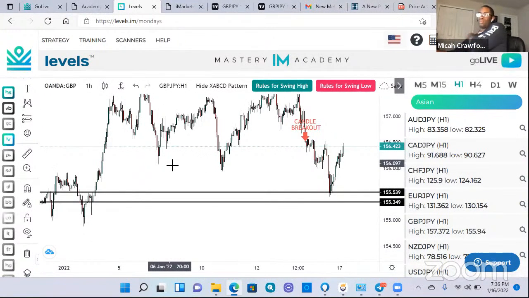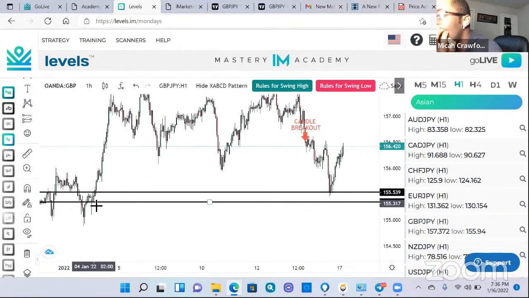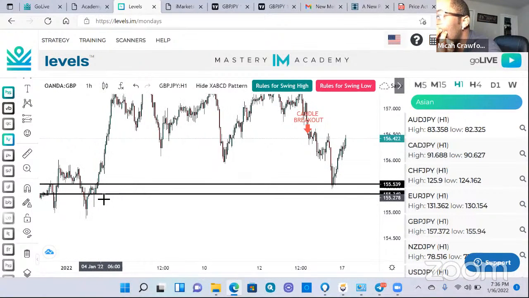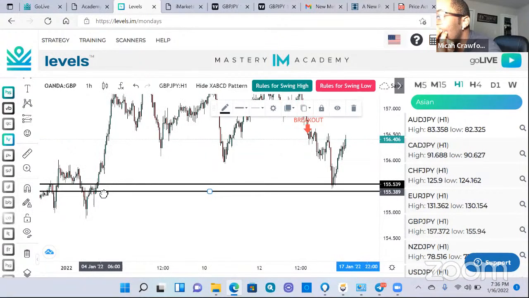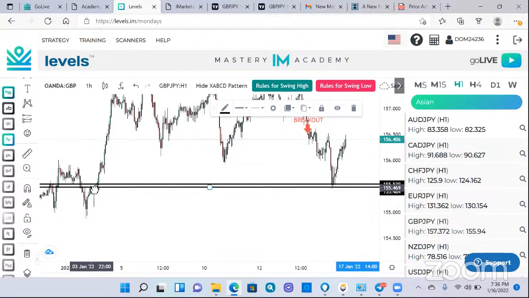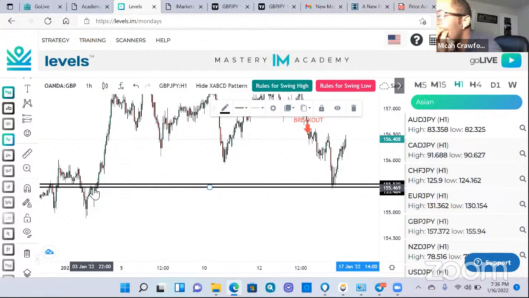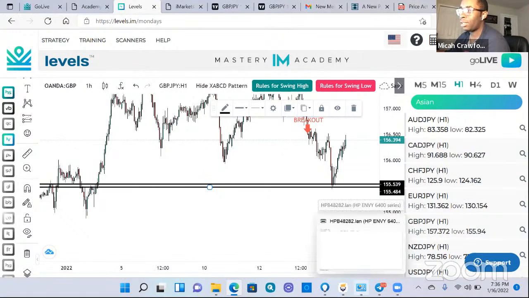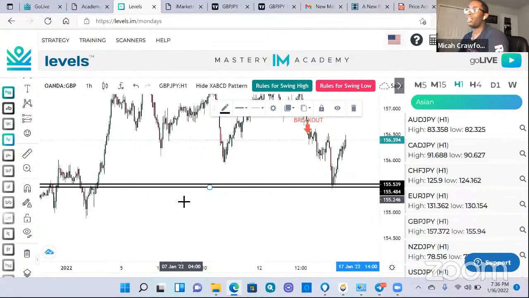I'm telling you, the more you see this stuff, the easier it gets. The third, so whatever day the third was, it basically just came back to retest that level.